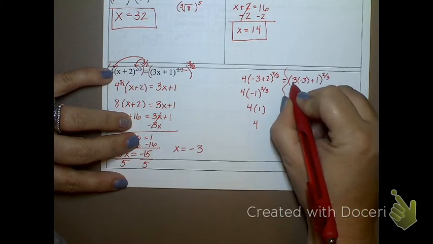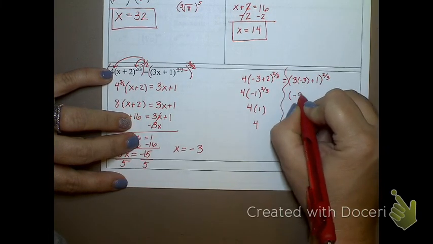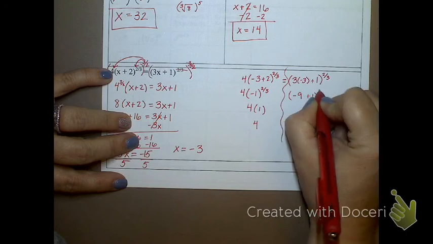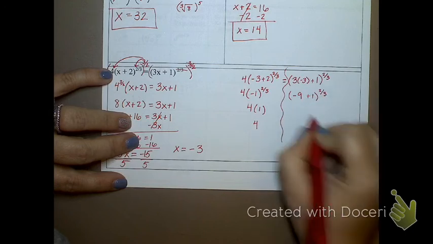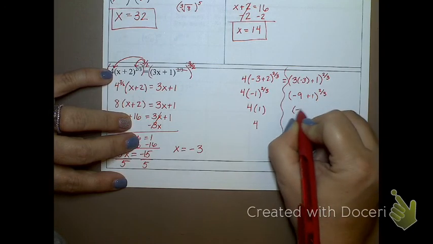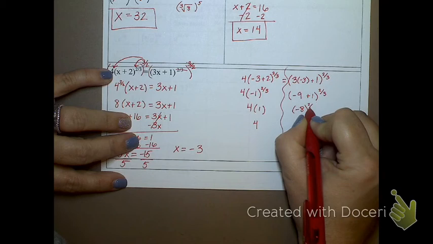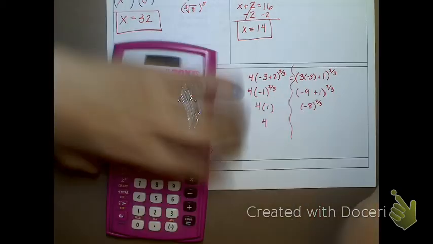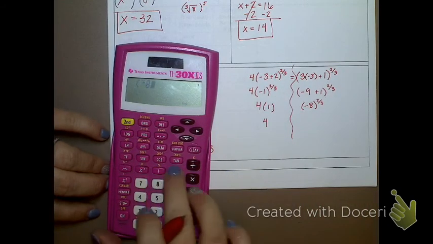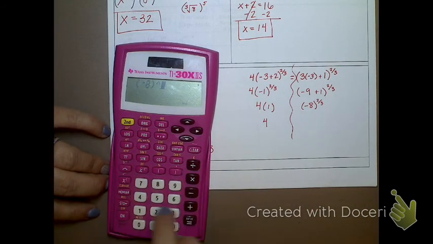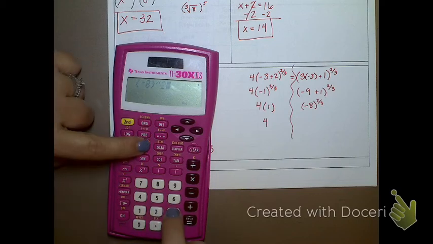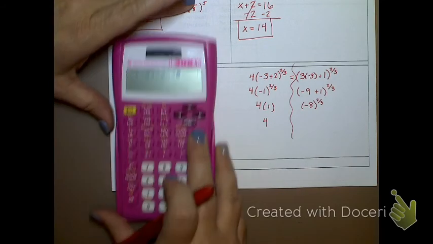So let's see. 3 times negative 3 is negative 9 plus 1 to the 2/3. Negative 9 plus 1 is negative 8 to the 2/3. And negative 8, it's not going to like it, is it? To the 2/3. Nope, it doesn't like doing exponents like that.